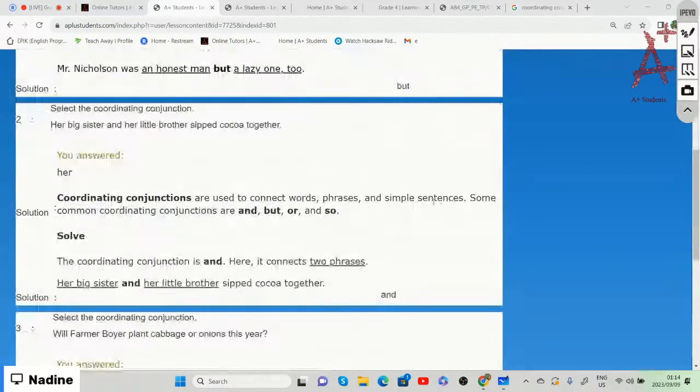Her big sister and her little brother sipped cocoa together. So the word that is the coordinator, the word that connects, let's say, two phrases or sentences, is and.